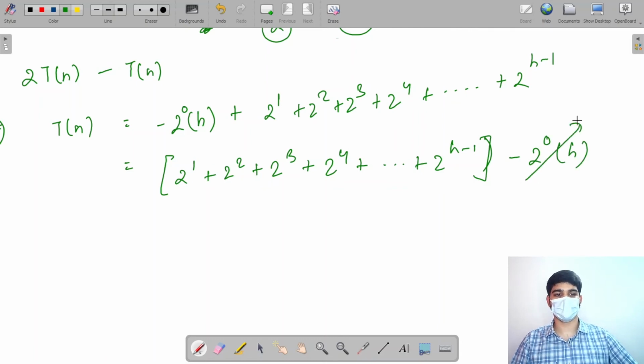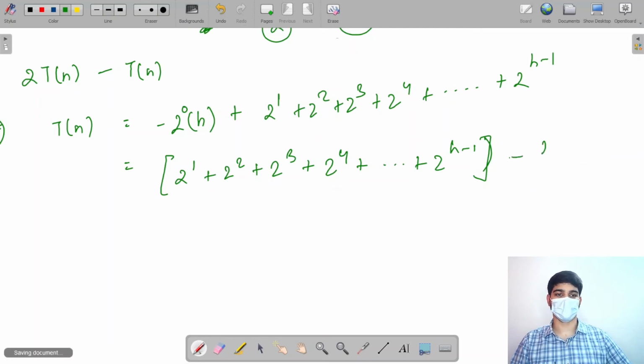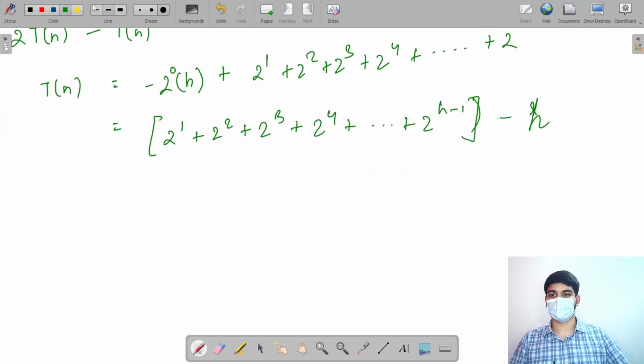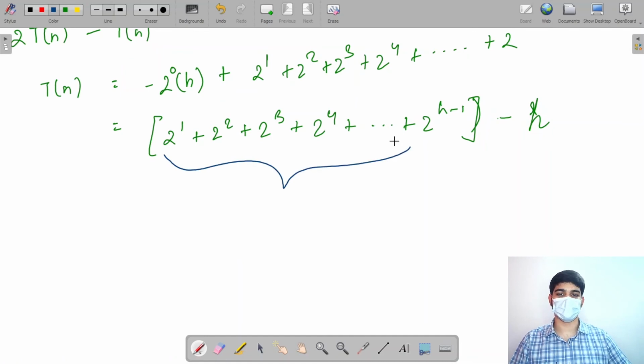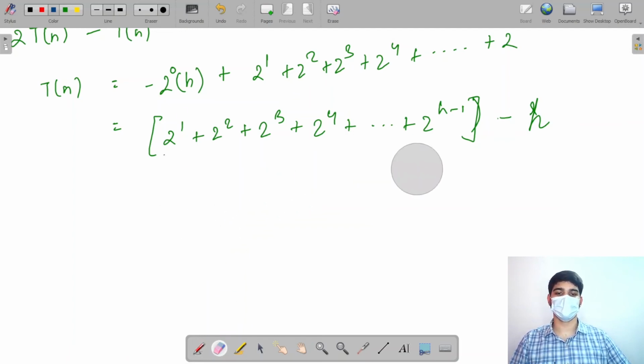Now this is nothing but my h, right? Because 2 raised to power 0 is 1. So we can write minus of h over here, right? If we look at this particular part closely, this is nothing but my GP, right? And what we have to do to solve this is use the sum of GP formula, right?